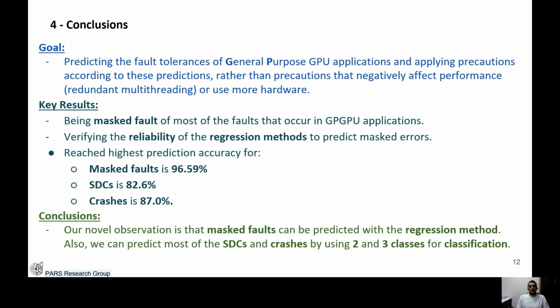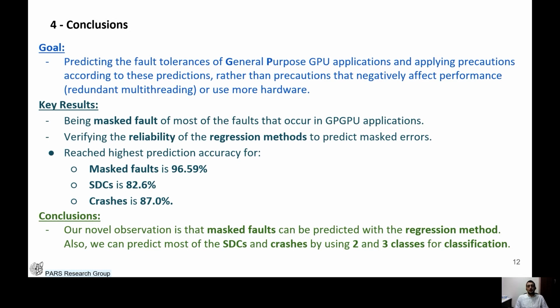Most of the faults are masked faults, as I shared in a previous slide, and most of these faults are predictable with our regression methods. Masked faults are predicted at 96.5%, SDCs are predicted at 82.6%, and crashes are predicted at 87% at these accuracy levels.